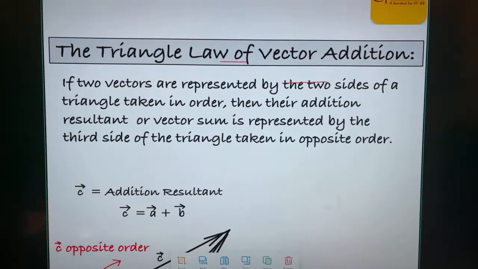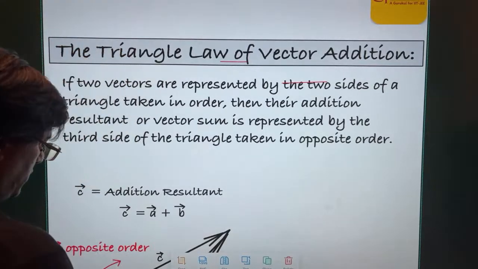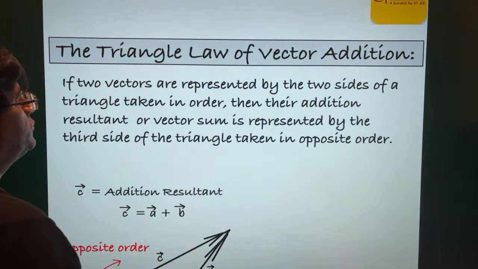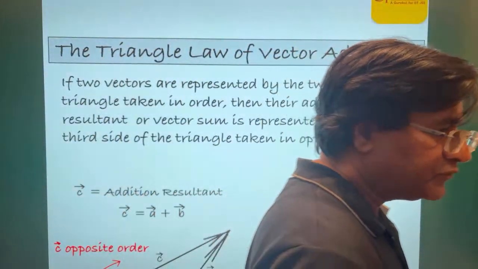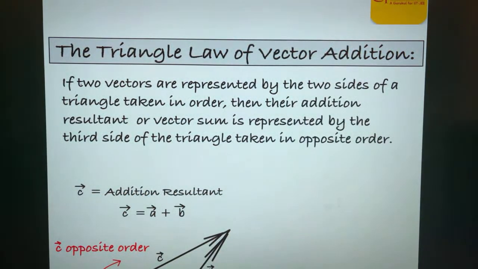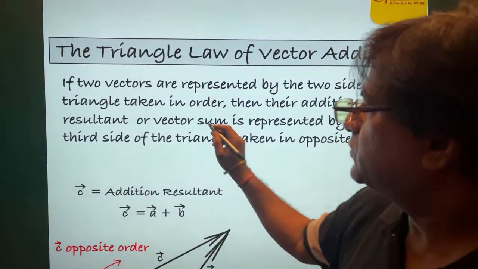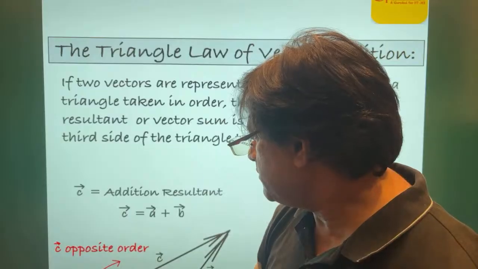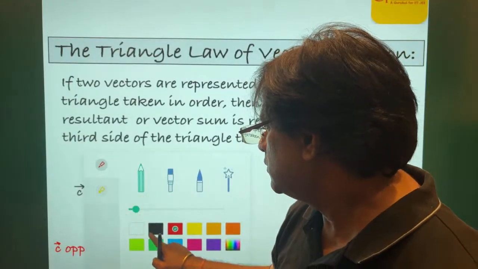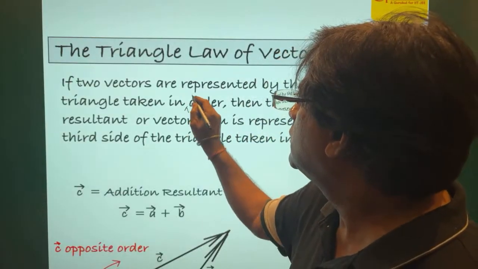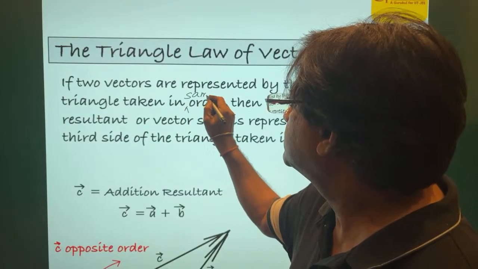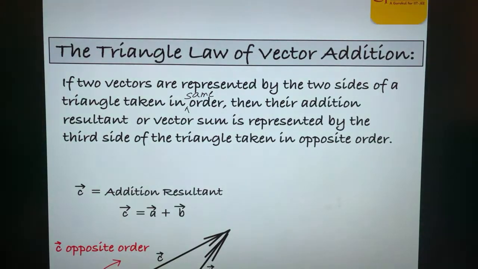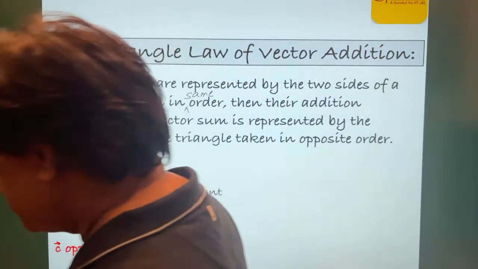So this is called vector sum or addition resultant of two vectors, right? Now the statement of the triangle law. If two vectors are represented by the two sides of a triangle taken in same order, then their addition resultant or vector sum is represented by the third side of the triangle taken in opposite order.